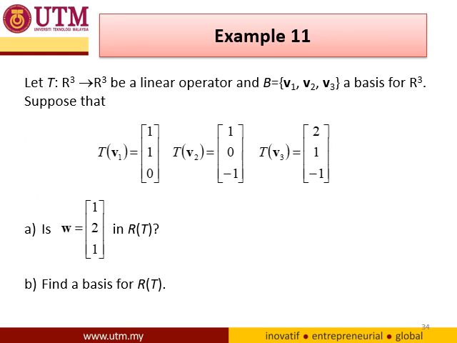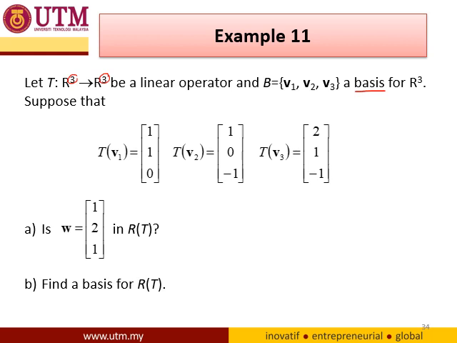Let's look at the next example, example 11. Let the transformation from R3 to R3 be a linear operator and B equals v1, v2 and v3, a basis for R3. Suppose that they give us the transformation of v1, v2 and v3. They ask us two questions.